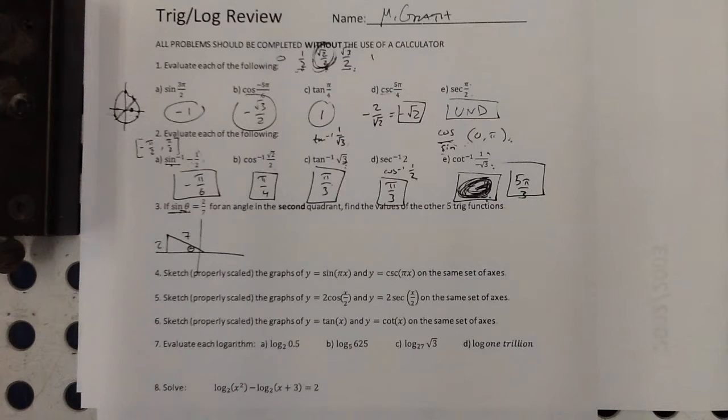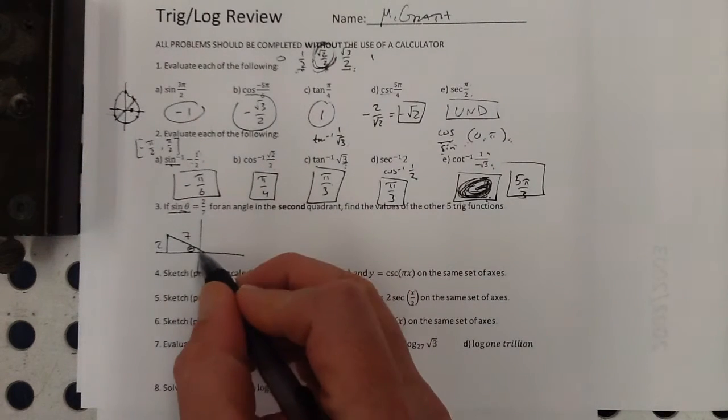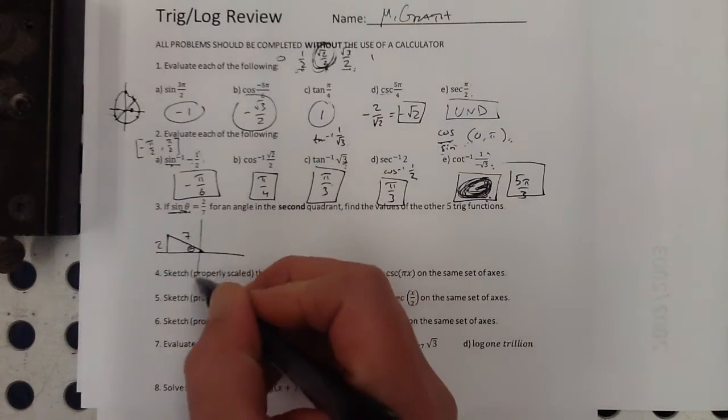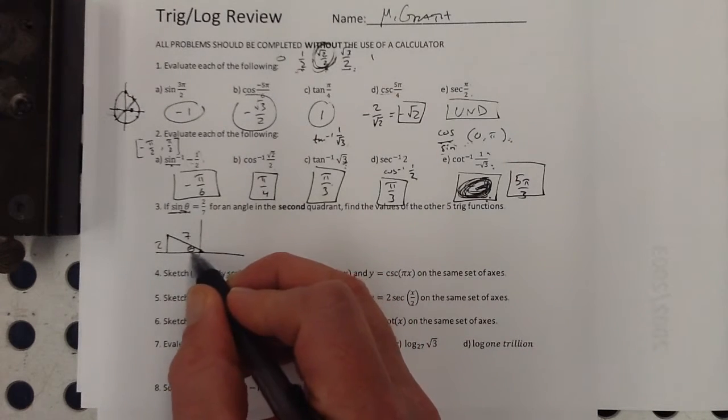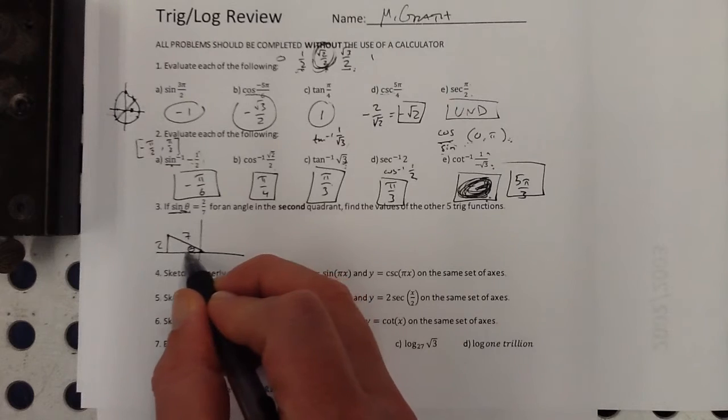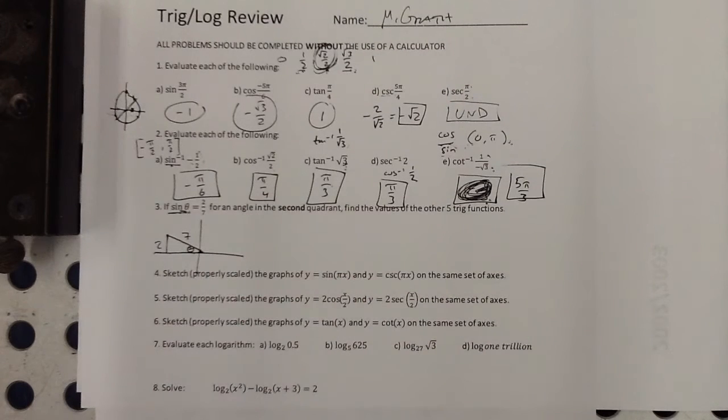Same will go for physics. If you have an angle that for whatever reason is measured from the vertical, we're just going to change it to horizontal, because sine is opposite over hypotenuse, and everything else really depends, when you're on a coordinate system, on the angle being right next to the horizontal axis.